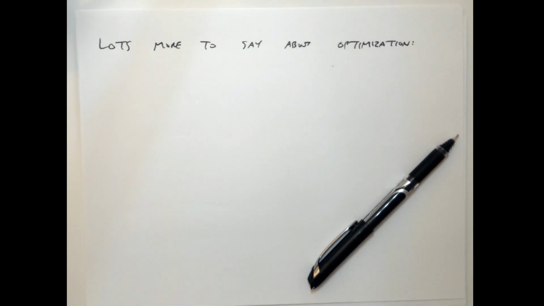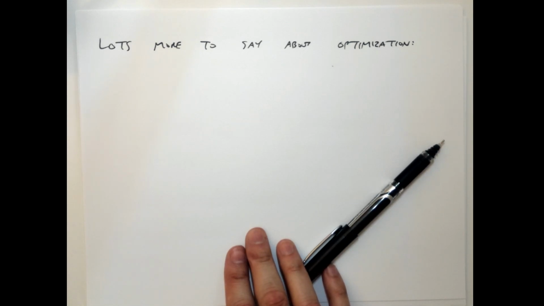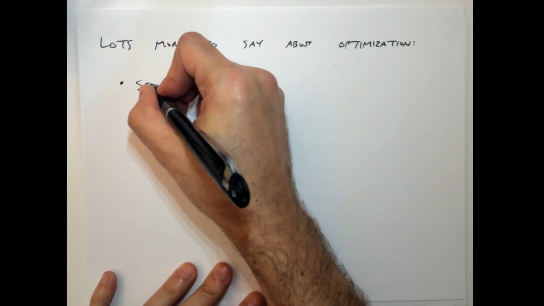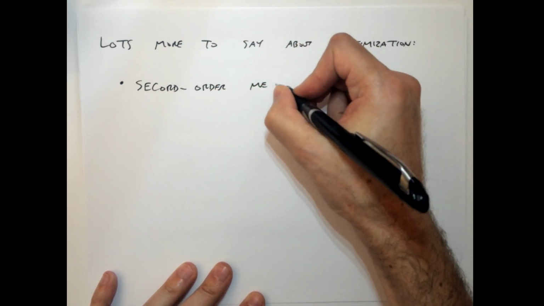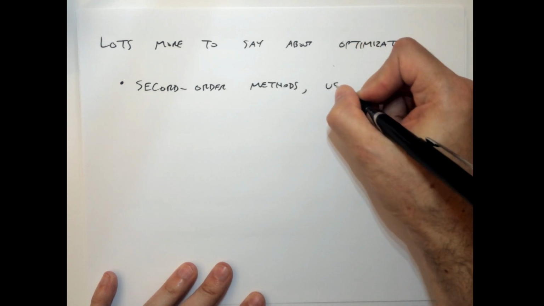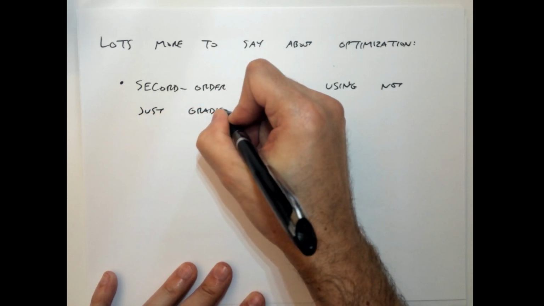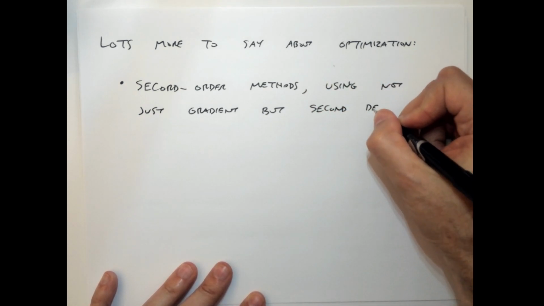So for example, perhaps you remember when you were trying to find a minimum in calculus that you could take the derivative and set it equal to 0, right? That's a first order method. Or you could take the second derivative and do what's called the zero crossing, right? So there are first derivative methods and there are second derivative methods. So one thing that you could do are what are called second order methods, using not just the gradient, but second derivatives.